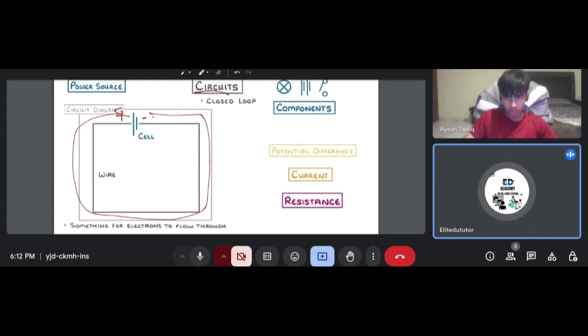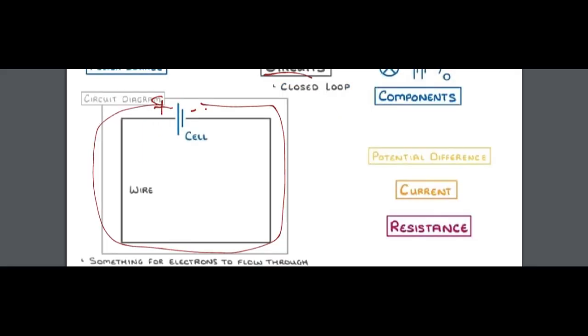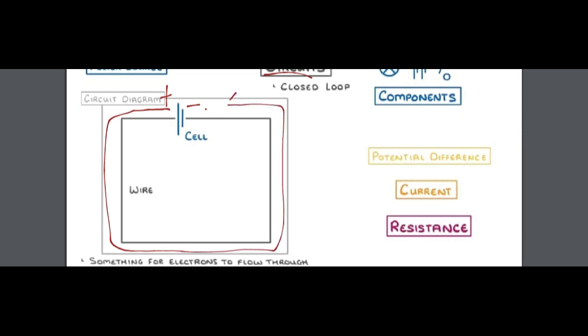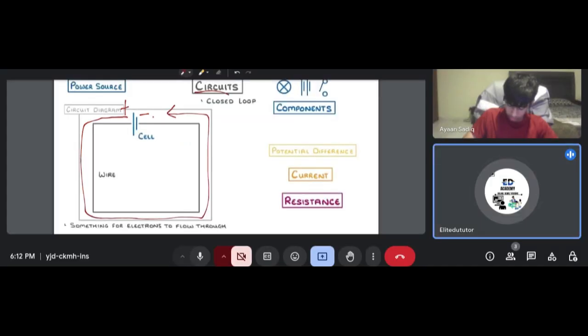Listen carefully. I will explain to you with the help of this graph. Then you have to write and listen. When the current travels from, this is the positive, this is the negative, when the current travels from positive terminal of the source towards the negative terminal, this is known as conventional current.